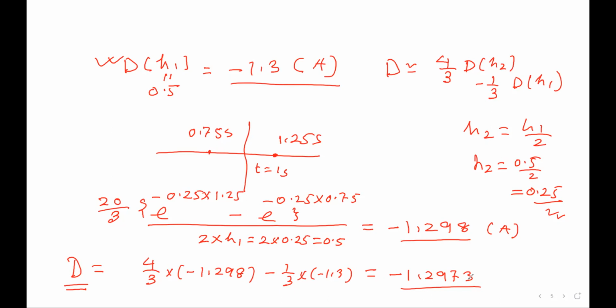Your actual value was equal to 1.298, something like this, okay? Yes, sir. You see your value is gradually improving, okay? You can set another example there just to verify this algorithm, okay? So in this way, you can calculate your derivative by using the central difference formula and the extrapolation algorithm.